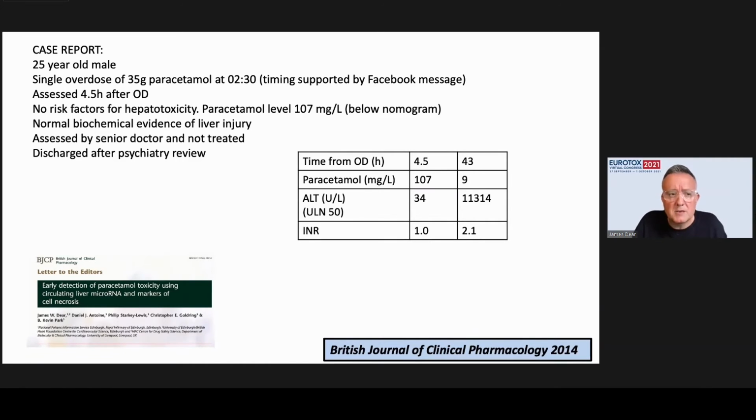He came to our hospital and was assessed 4.5 hours after the overdose. His paracetamol level was only 107. He had no risk factors for hepatotoxicity. His ALT was normal. So therefore, he was reviewed and discharged after psychiatry review. And that was entirely correct. The guidelines for the UK were followed correctly, and he was correctly discharged.